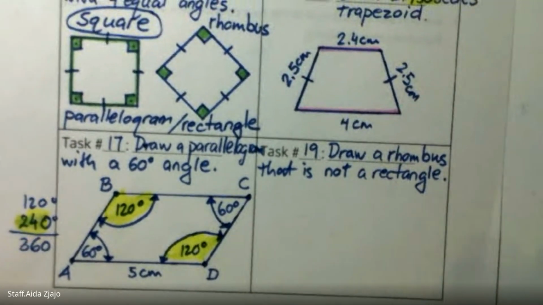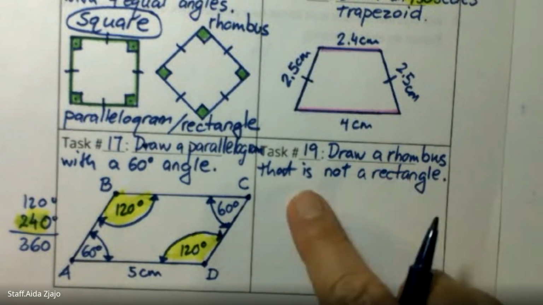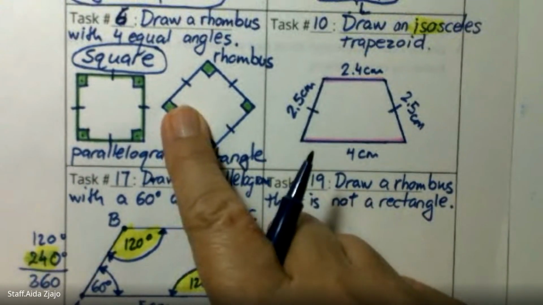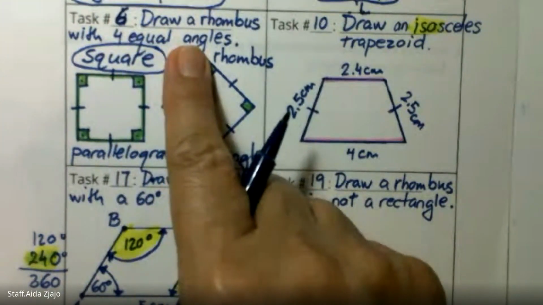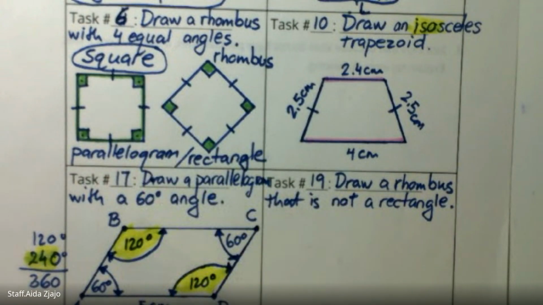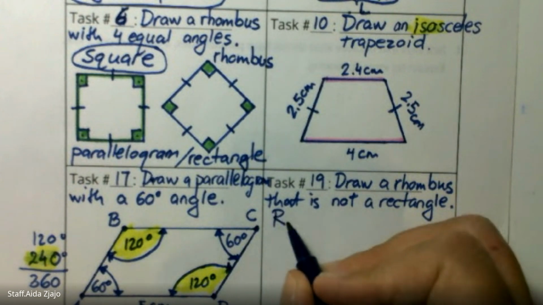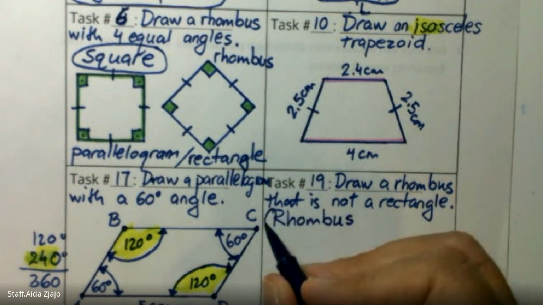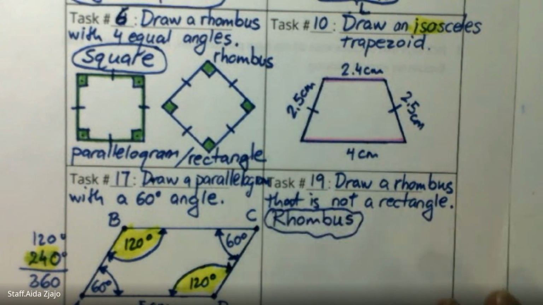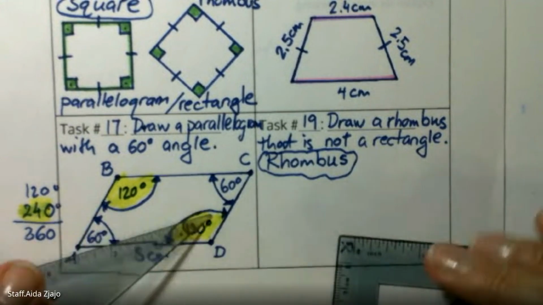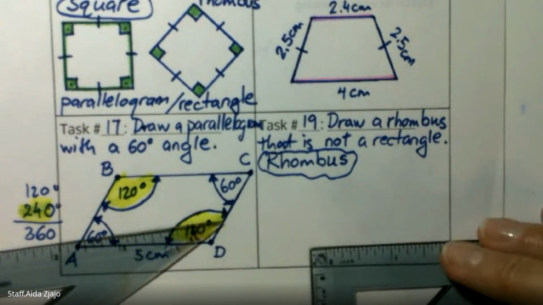All right, so next I draw a rhombus that is not a rectangle. So this was a rhombus that had 4 equal angles. It was a rectangle, a square. So now this is a rhombus, a real rhombus, and you will have the opposite angles congruent.